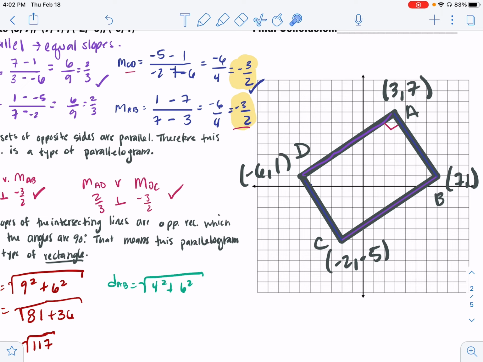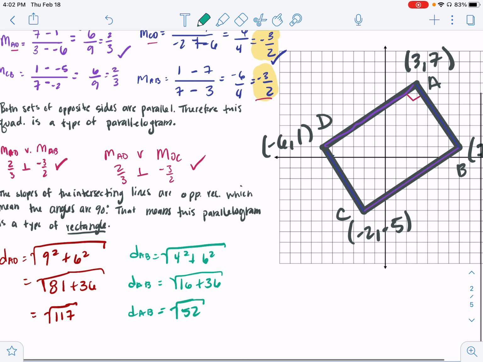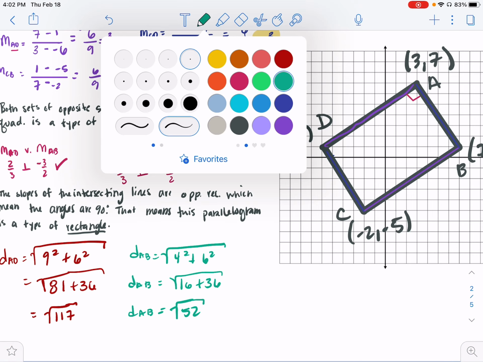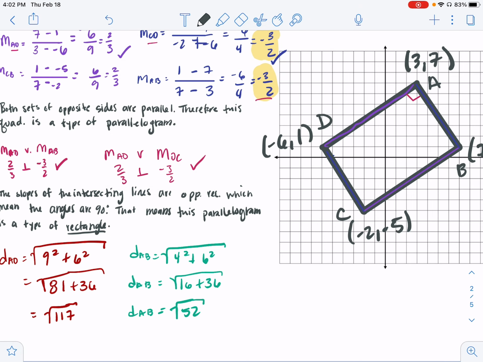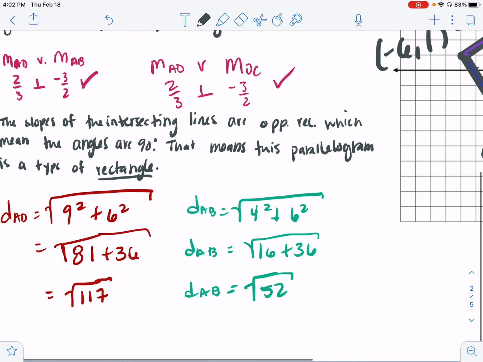Immediately, I can actually see that it was both 6 squared, but 9 squared versus 4 squared, which is not the same. But I'm going to go ahead and finish that all the way out just to show it to you guys. And we have 117 and 52. Square root of 117 is square root of 52. Those are obviously not congruent.